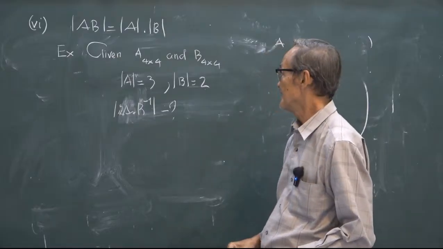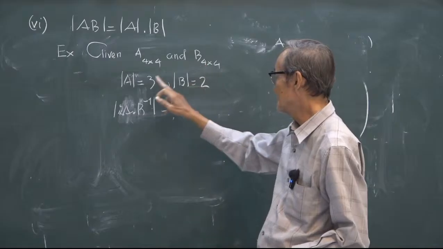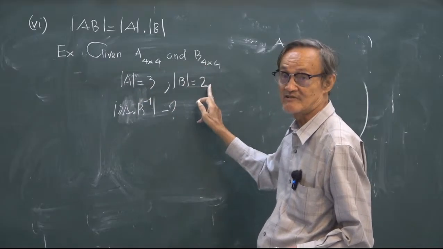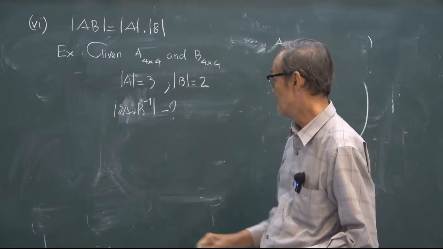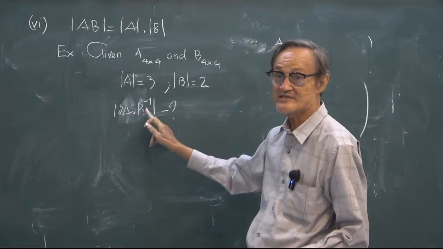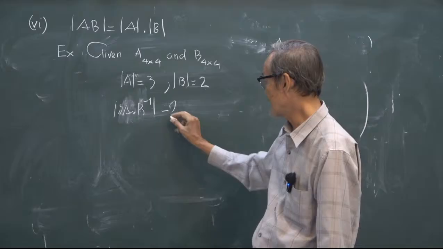Okay. A 4 by 4, B 4 by 4, determinant of A 3, determinant of B 2.